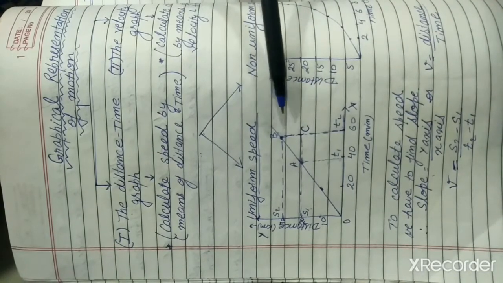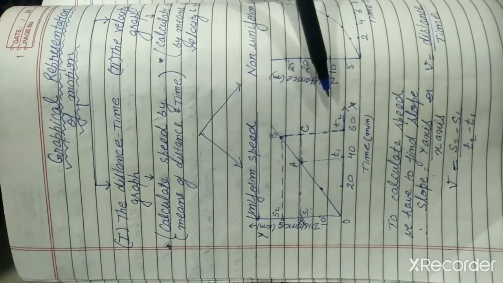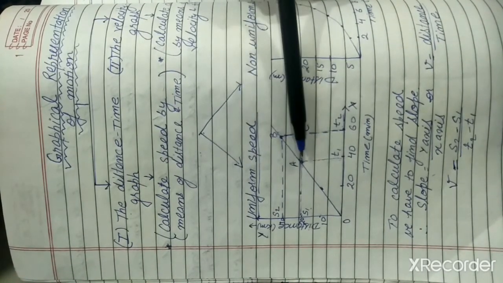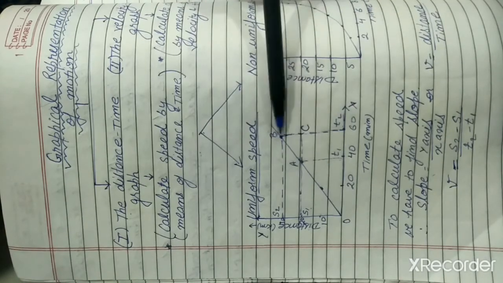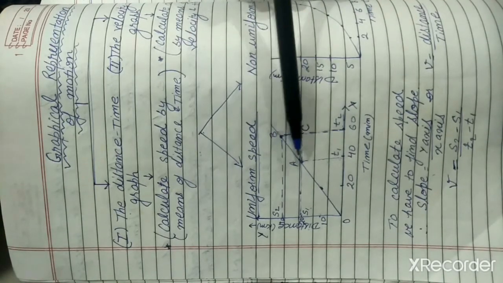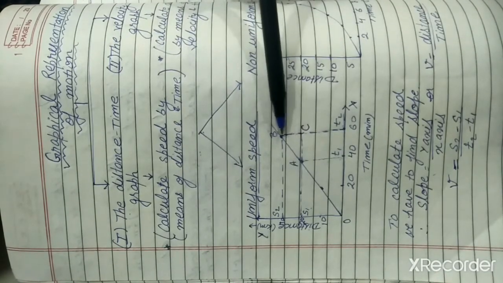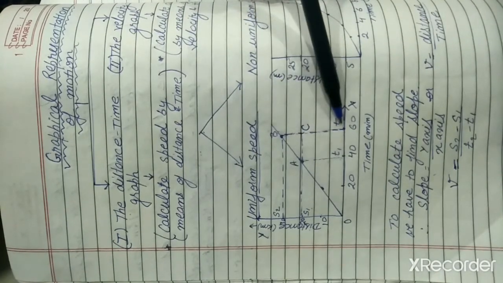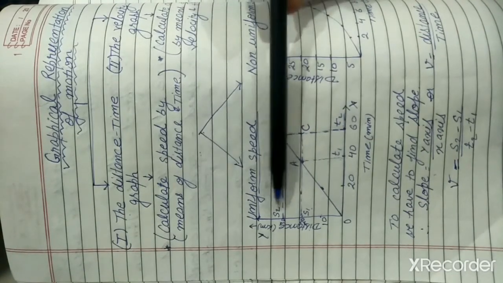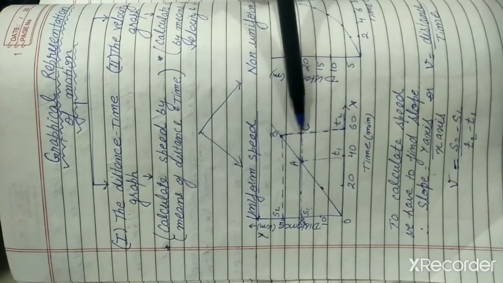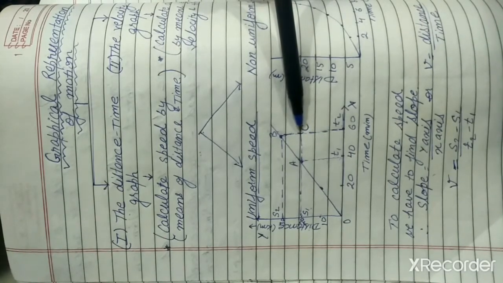So how can we calculate speed from this graph? If we take any 2 points on the slope, like A and B, and draw perpendiculars on the x-axis and y-axis, and also from B we draw perpendiculars on the x-axis and y-axis and proceed further, the two lines intersect at a point C, right?